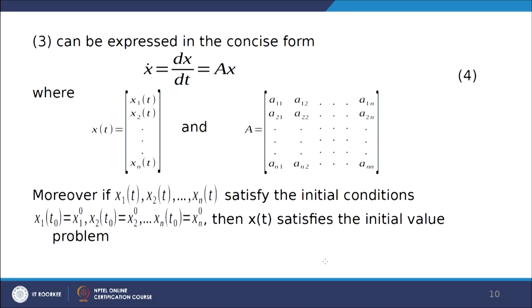What we do is denote x(t) = (x1(t), x2(t), xn(t)), a column vector. This x(t) is called a vector valued function.